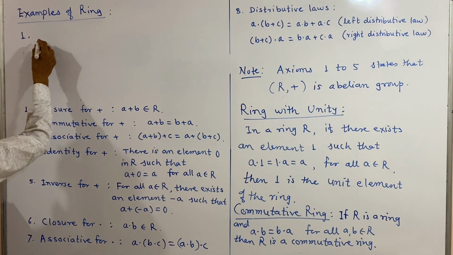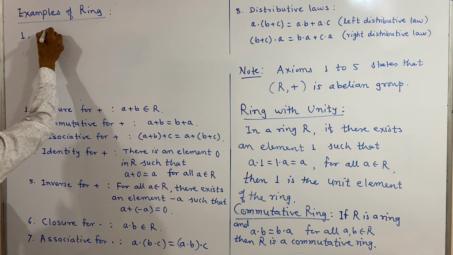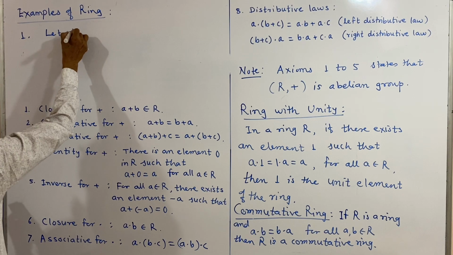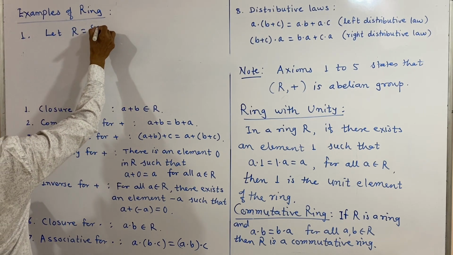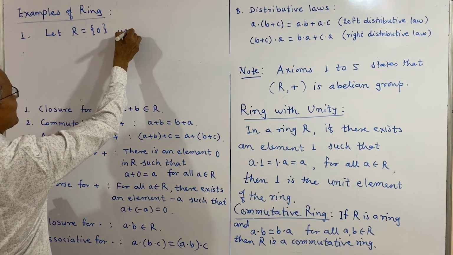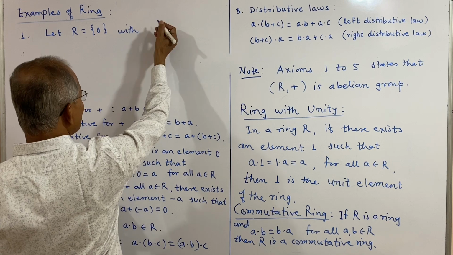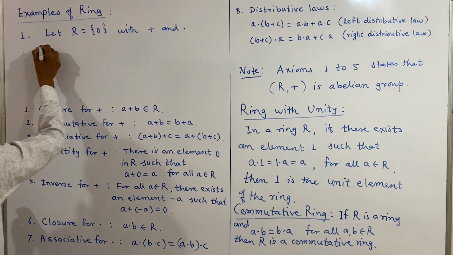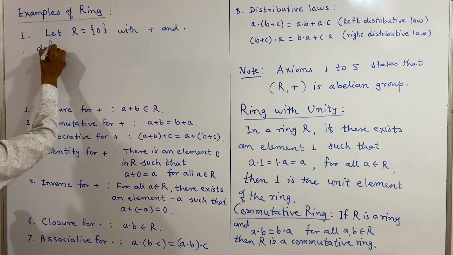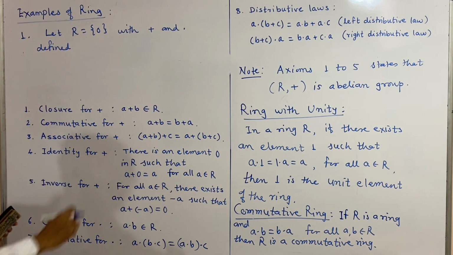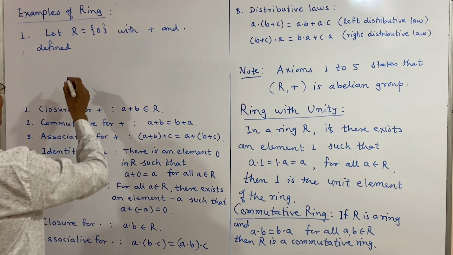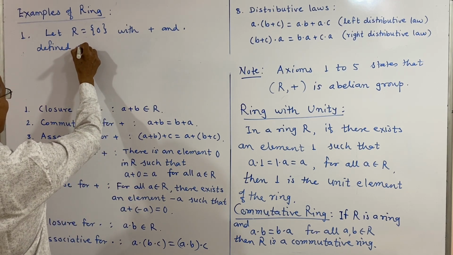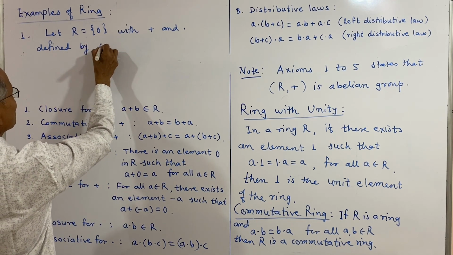First example, let R be the single element 0 with addition plus and dot, which can be considered as the usual addition and multiplication, defined by 0 plus 0 is equal to 0, and 0 dot 0 is equal to 0.